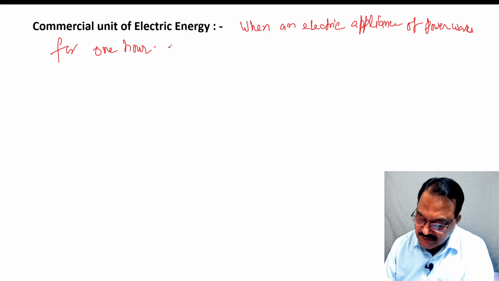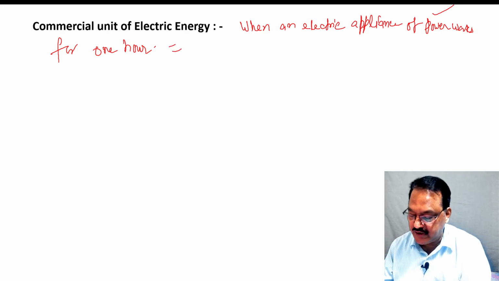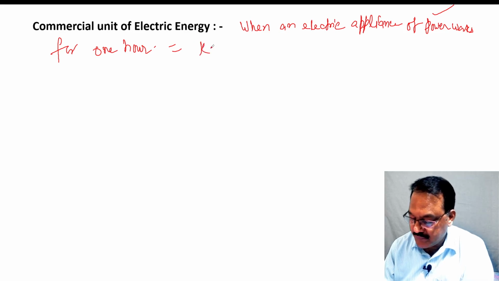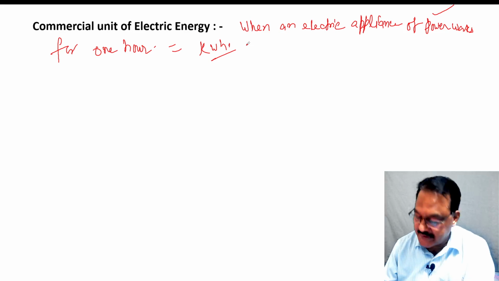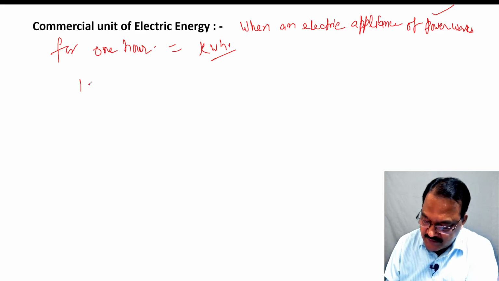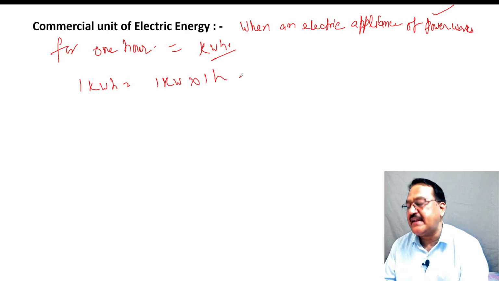In case of the commercial unit, the power is to be calculated in terms of kilowatt hour. How to convert it? 1 kilowatt hour means 1 kilowatt into 1 hour, 1 kWh we can write like this.